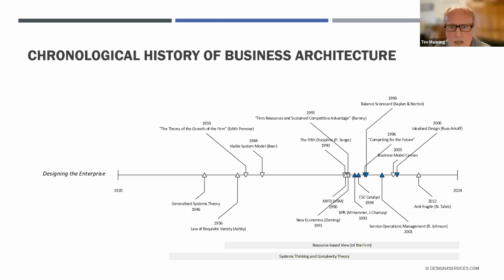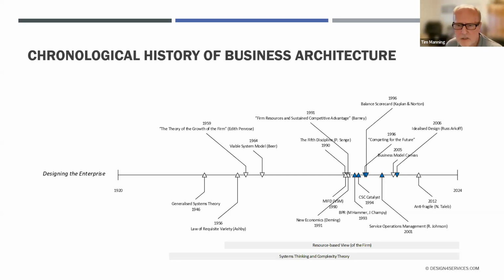You've got all the systems thinking ideas coming in, the viable system model, obviously, the law of associativity. You've got the resource-based view of the firm, which I'll talk a bit about alongside systems thinking practice. Things like the balanced scorecard for performance management and so forth.